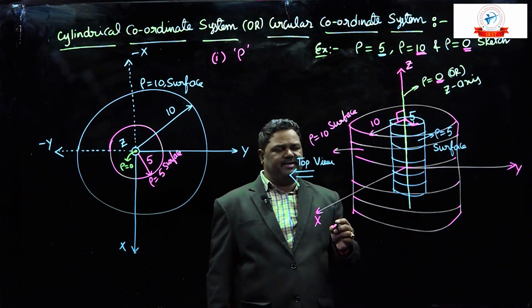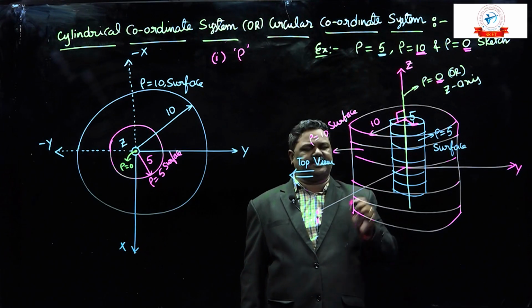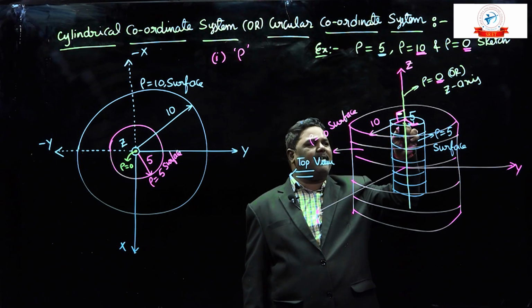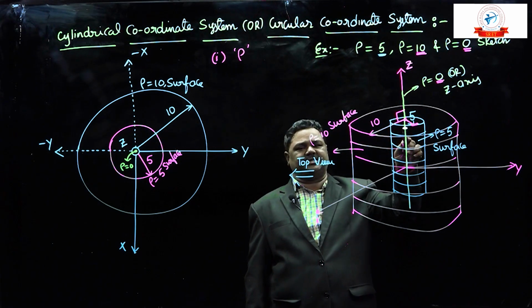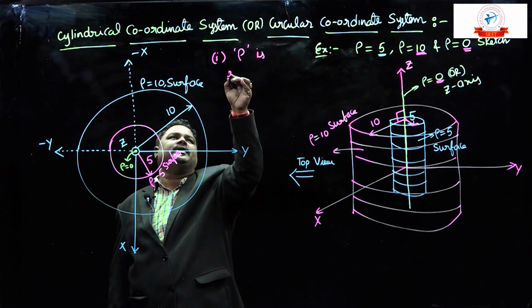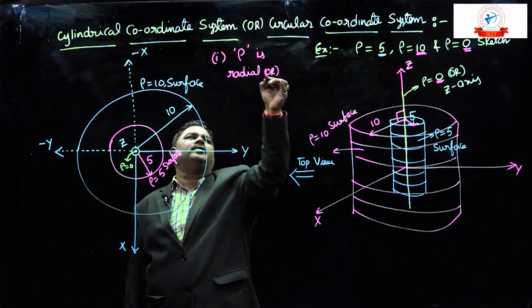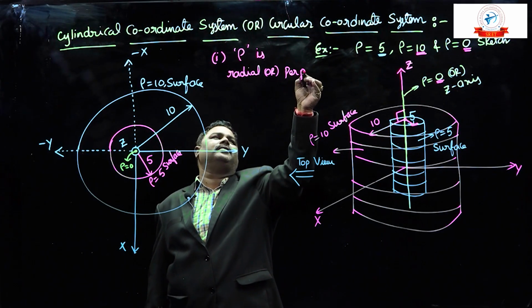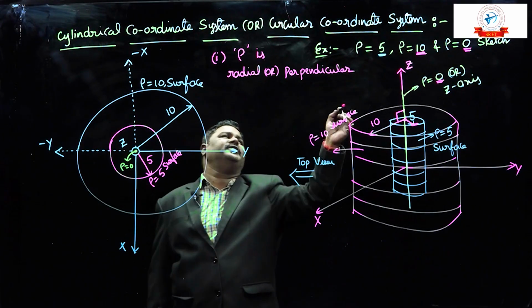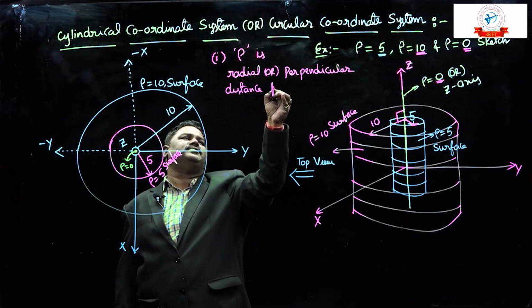So simply we say that rho is a distance from the z-axis, or a radial or perpendicular distance from the z-axis.